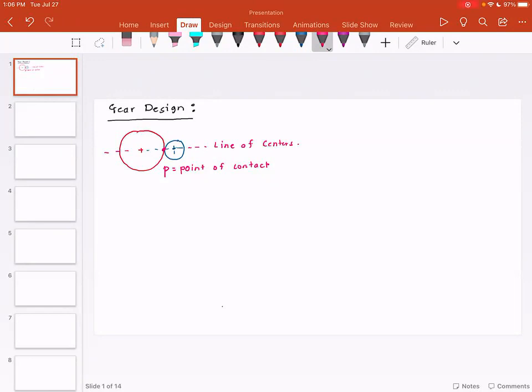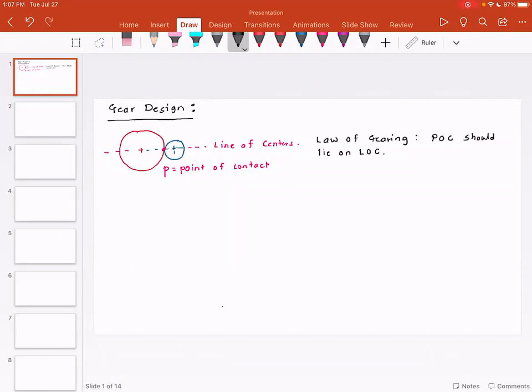And as we discussed in last class, the law of gearing states that the point of contact should lie on the line of centers.